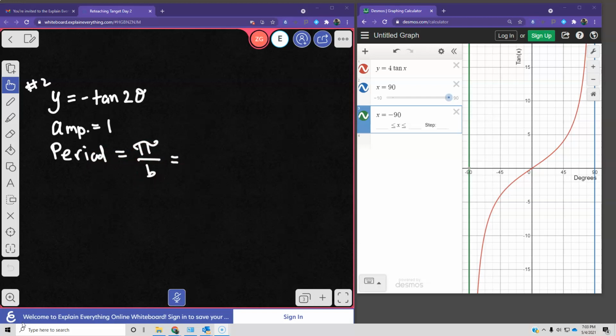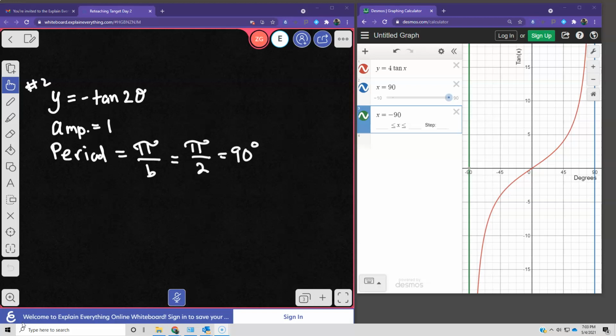In this case, it's going to be pi over 2, which is going to be 90 degrees. The period is 90.